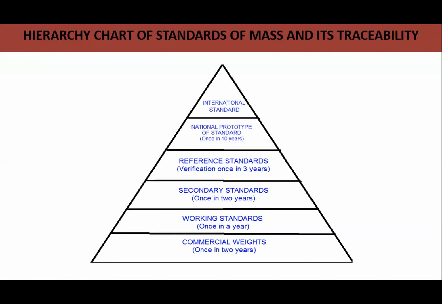First of all, we have the international standard, BIPM, for mass. Earlier, we had the platinum iridium prototype, which was placed at Paris. Then in India we have the national standard where these instruments are kept.